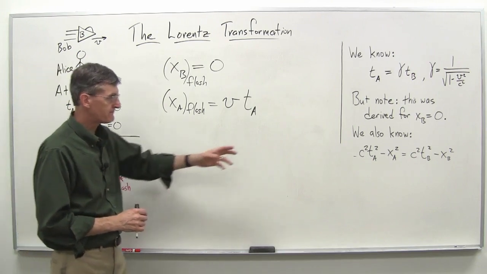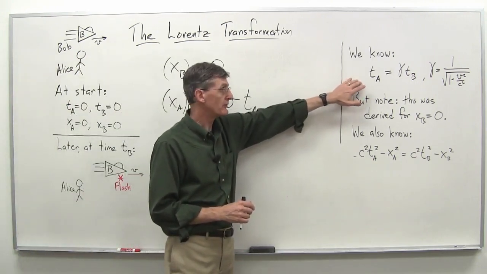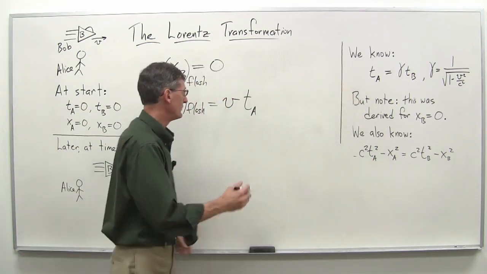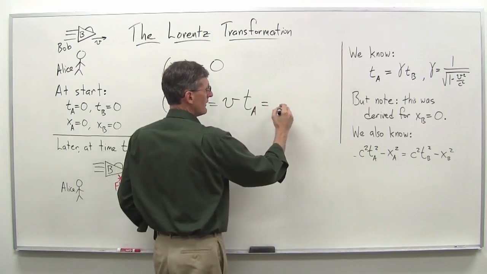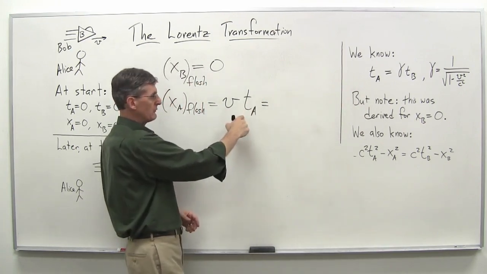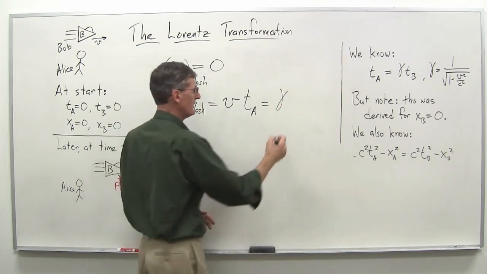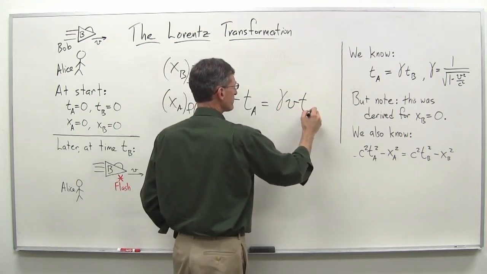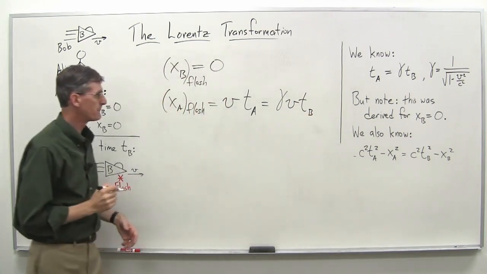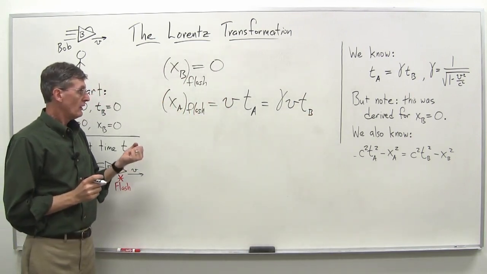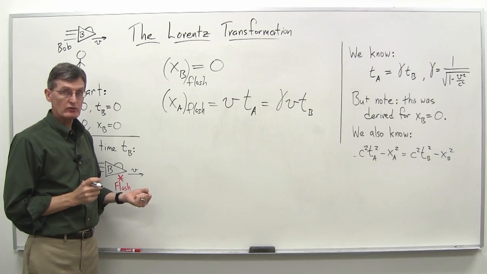And therefore, we can just put this in here: ta equals gamma tb, so this is going to equal gamma v tb. I'll put the gamma in front, because we often like to write the gammas in front. Okay, so that gives us some good information there.